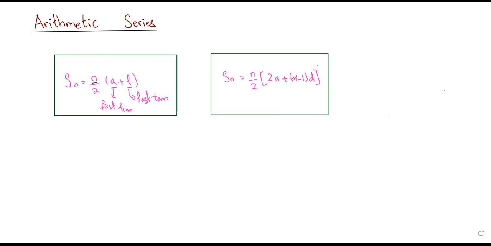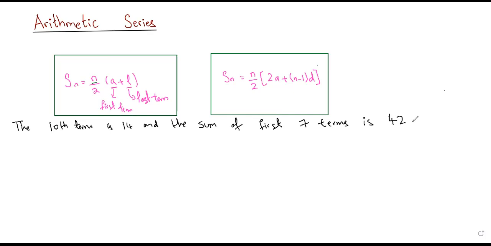So the next example is: the 10th term is 14 and the sum of the first 7 terms is 42.